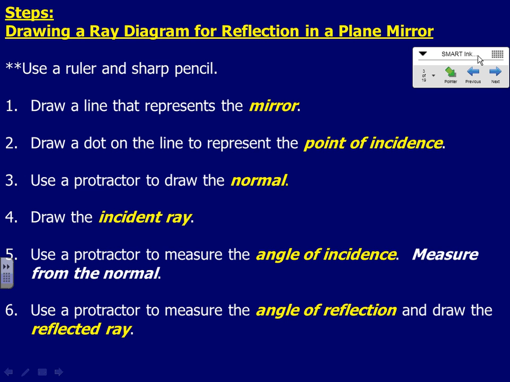Excellent. Taking the protractor. Again, we're always measuring from the normal. And now we're just reading an angle. Notice I'm starting on the 0. I'm not reading from the 180. So I got 10, 20, 30, 40, 50.